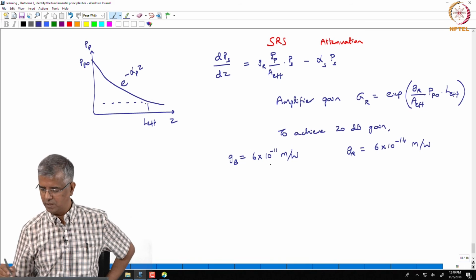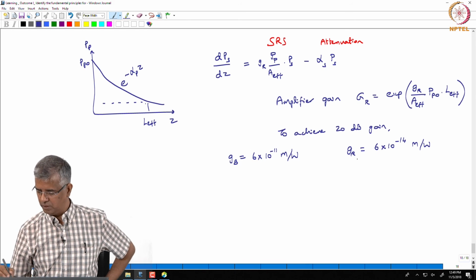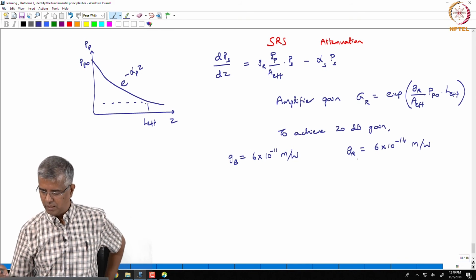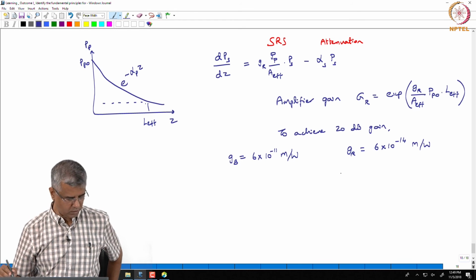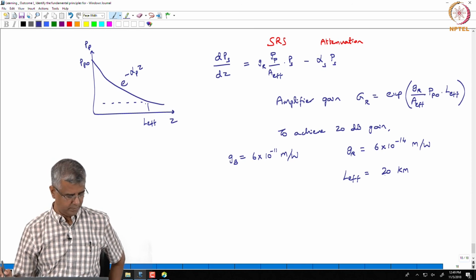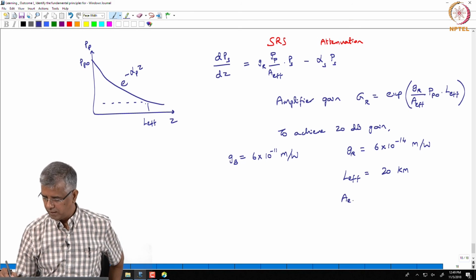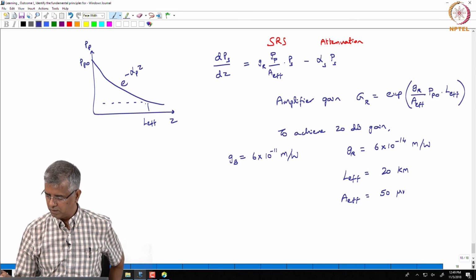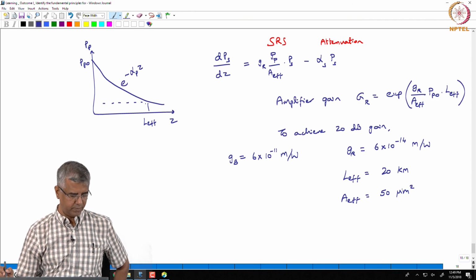But nevertheless, even with this number we can still get some work done, because if you have a fairly long fiber, let us say L_effective is 20 kilometers, and like we calculated previously, A_effective can be on the order of 50 micron square.